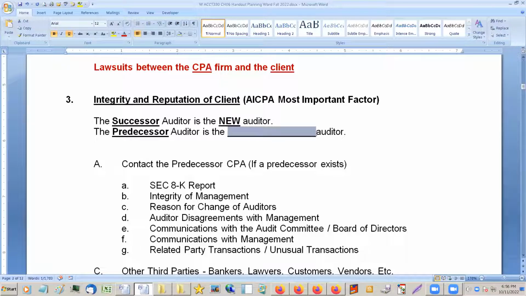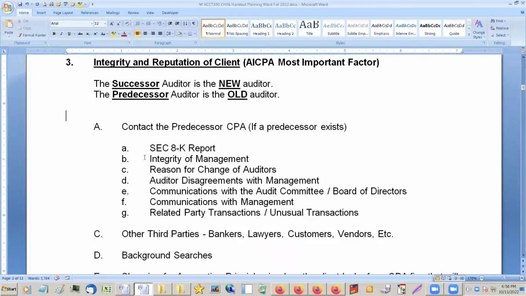You can probably guess what the predecessor auditor is. Yep, they're the old ones. So successor is the new, and the predecessor is the old.